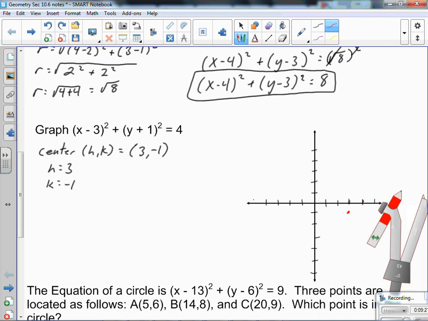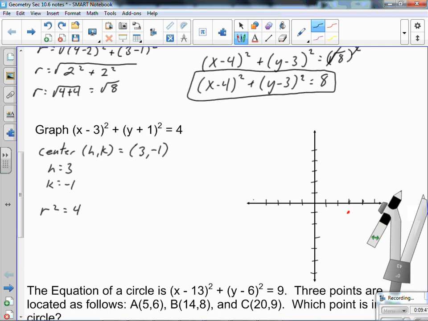Okay. And our radius, from the equation, we know r squared is equal to 4. That's what we have after the equal sign, the radius squared, right?